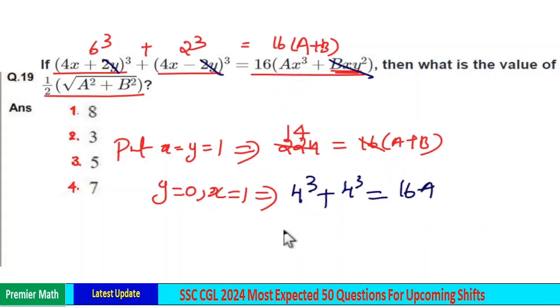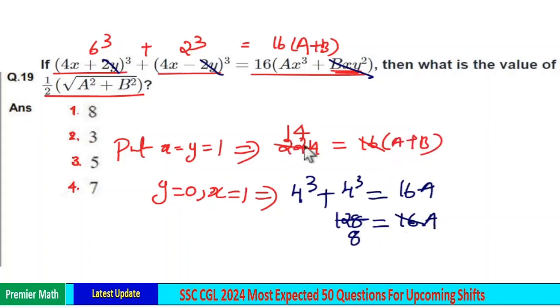Now 4³ is 64, 64 plus 64 is 128. 128 is equal to 16a, which means 16 goes 8 times in 128. So here a is equal to 8.